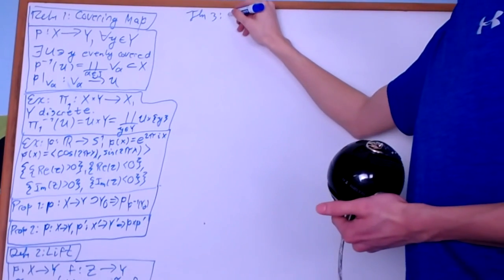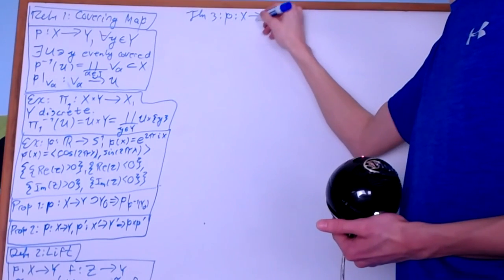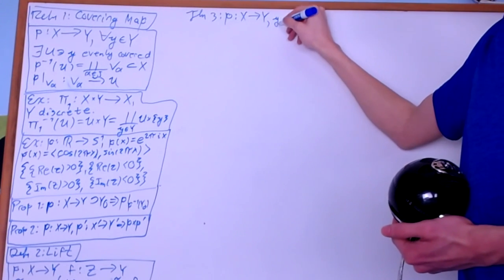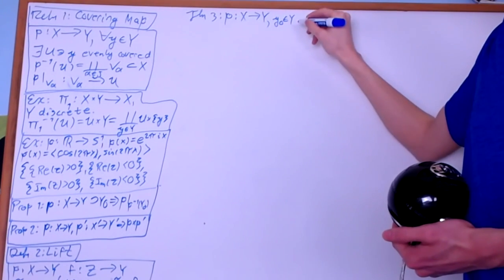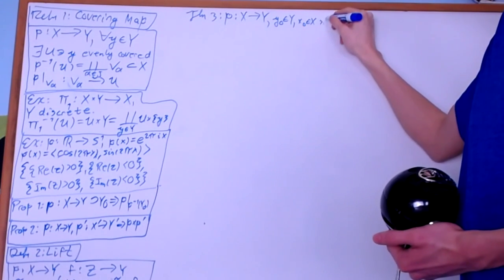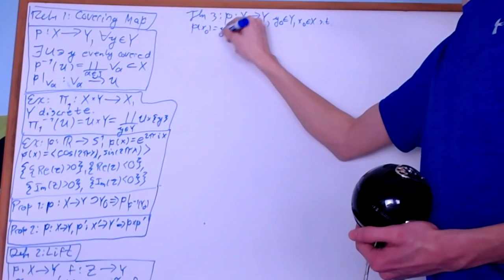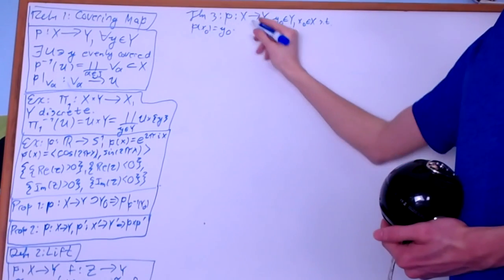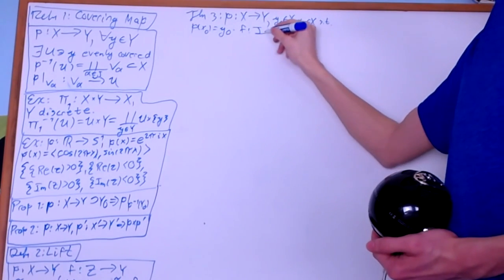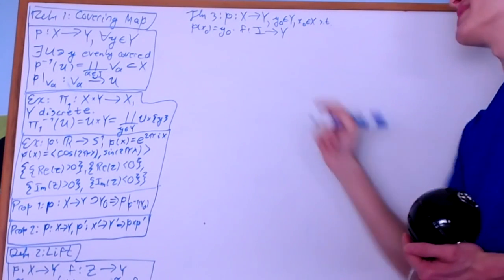So say we are given a covering map P, which takes you from X to Y. Then let's also say you're given some Y0, an element of Y, and you're given some X0, an element of X, such that P of X0 is equal to Y0. Now say you have some path F from the interval into Y. So we're doing it into Y so that we can lift it.